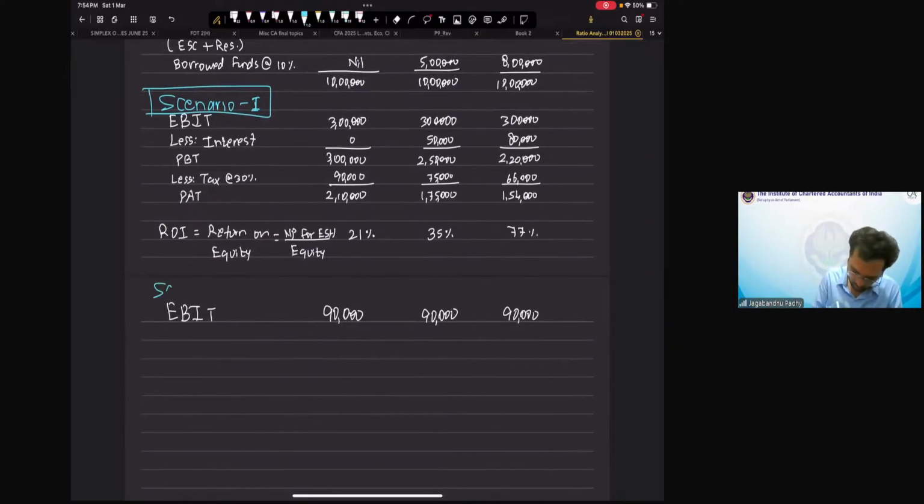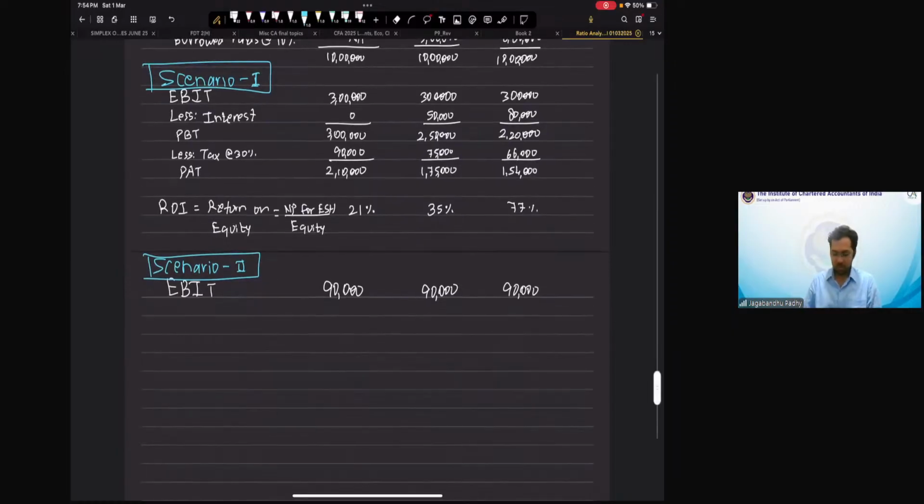Right? And now we are looking at scenario 2. So second scenario, EBIT is 90,000. Can you just compute the return on investment?